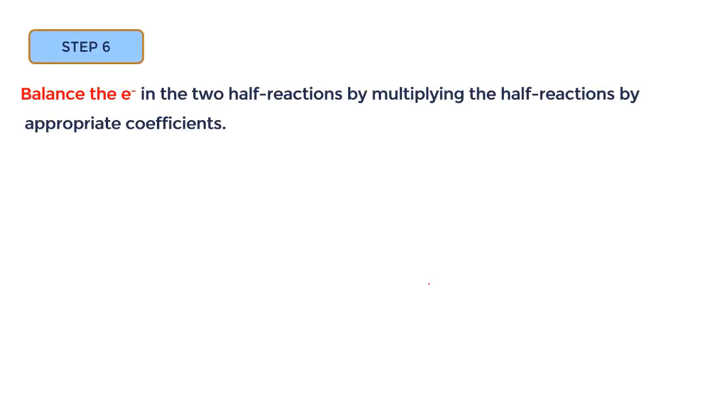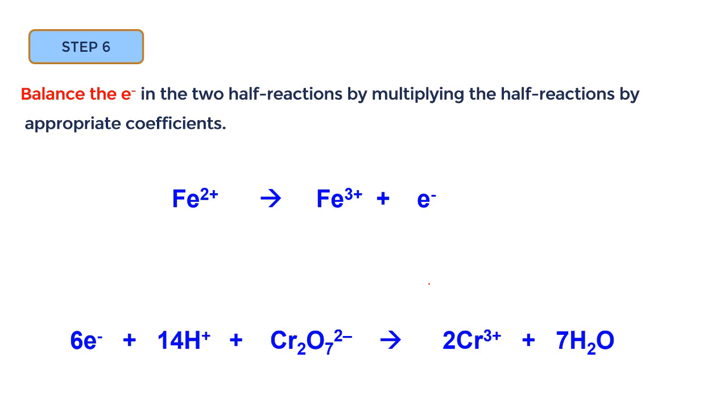Step number 6. Balance the electron in the two half reactions by multiplying the half reactions by appropriate coefficient. If you compare both half equations, oxidation and reduction, the number of moles of electrons are unbalanced, right? So in order to balance the electrons, the oxidation half equation, I need to multiply with 6 to get 6 mole of electron.